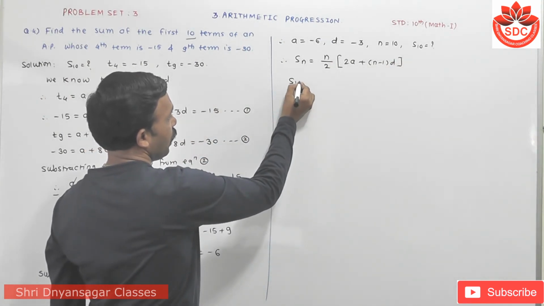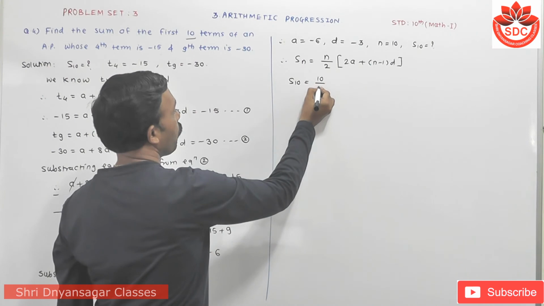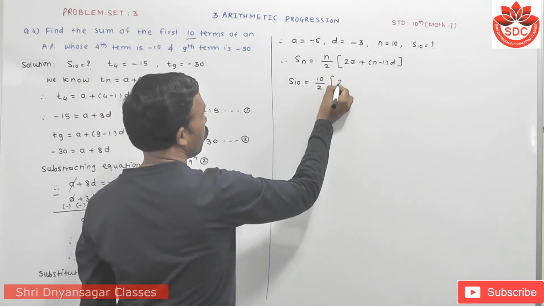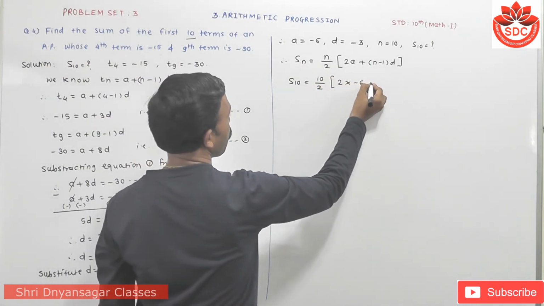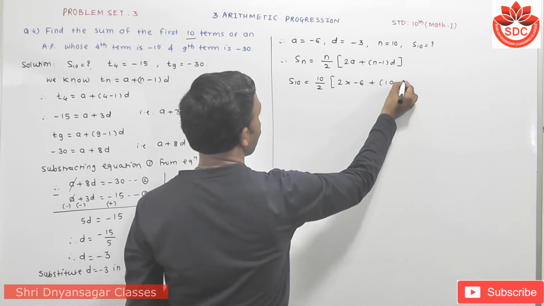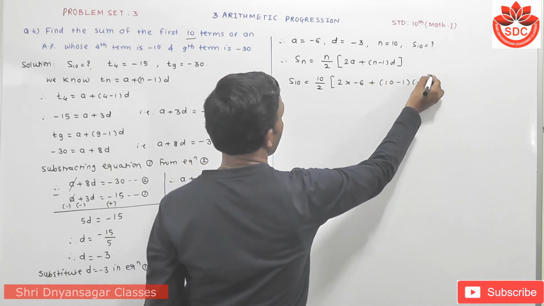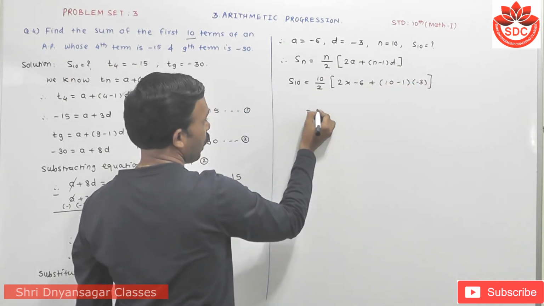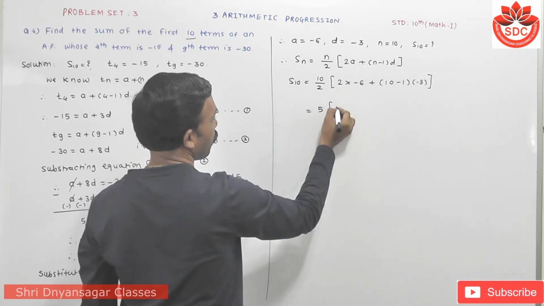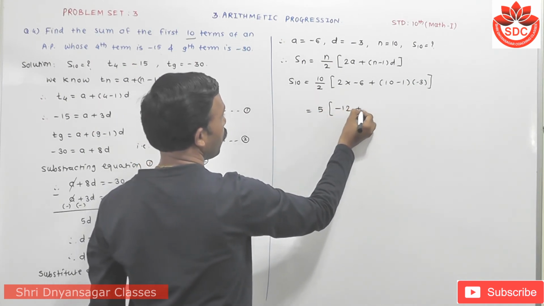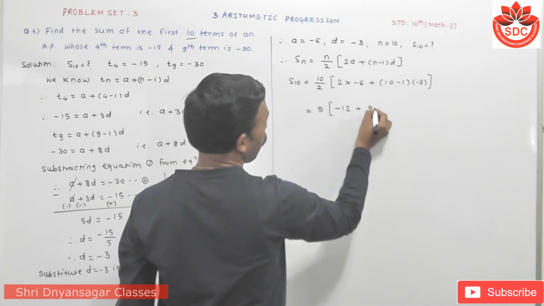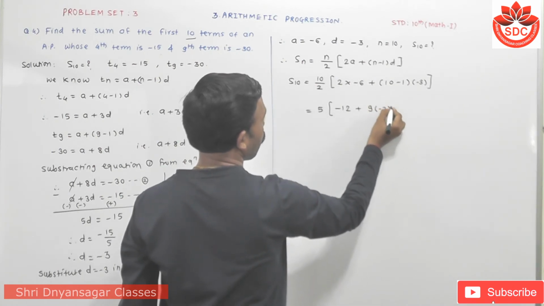So S10 is equal to 10 upon 2 in bracket 2 into minus 6 plus 10 minus 1 into minus 3. 2 5s are, in that 5 in bracket, this is minus 12 plus 9 into minus 3.